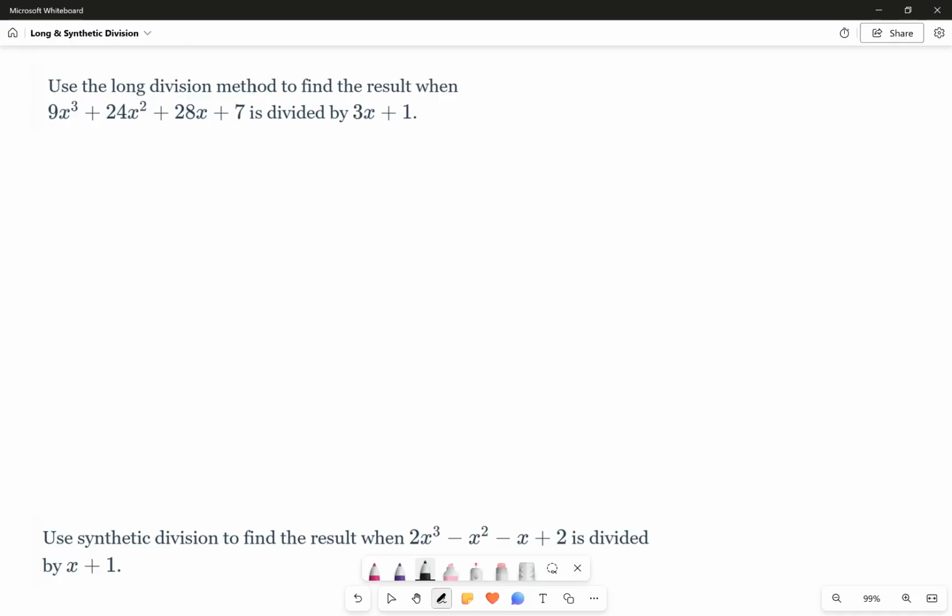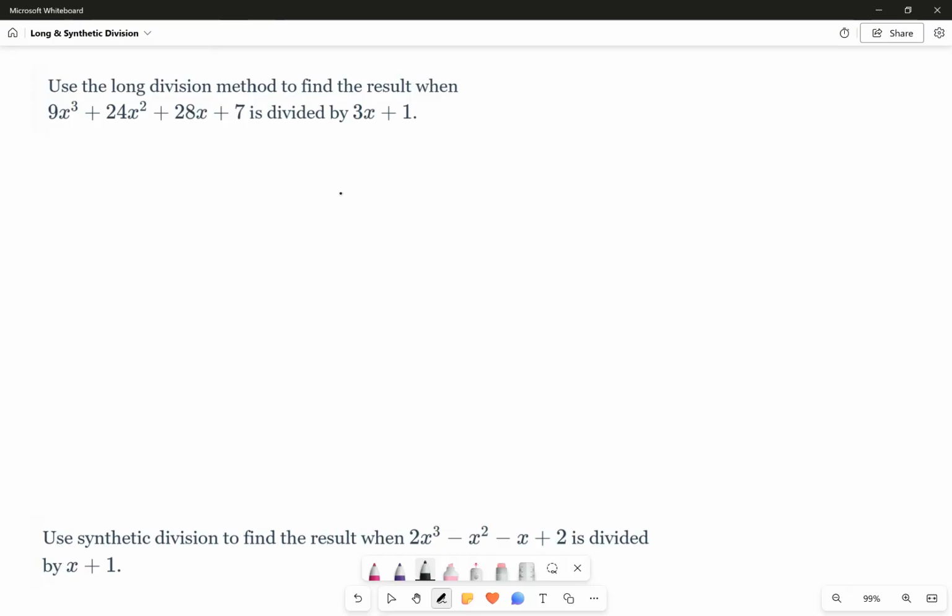So for instance, let's pretend that term was not here. You would rewrite this as 9x cubed plus 24x squared plus 0x plus 7. That's how you would rewrite it if indeed it was missing an x term. But this is not the case with this problem, so let's actually work this problem out.